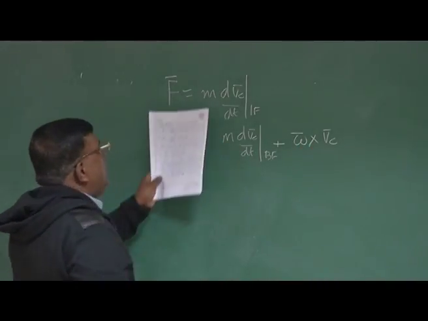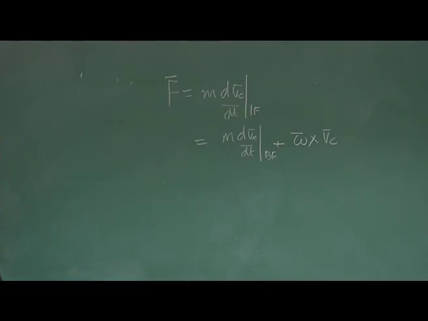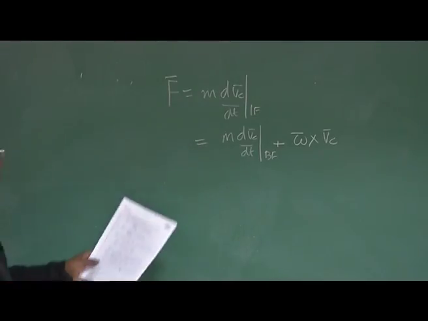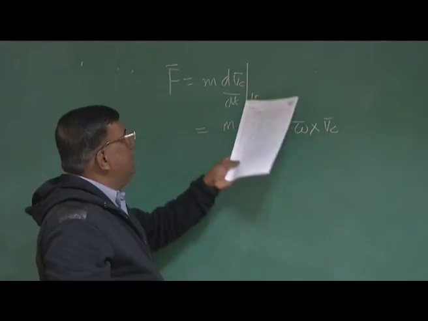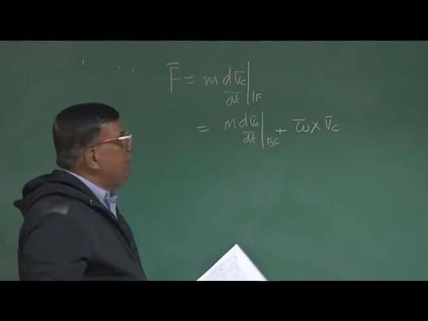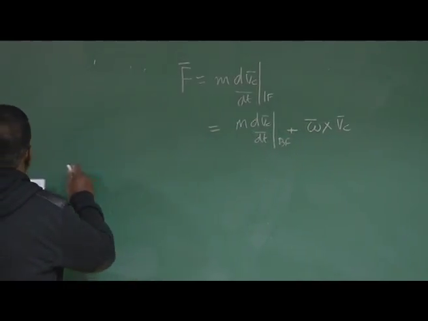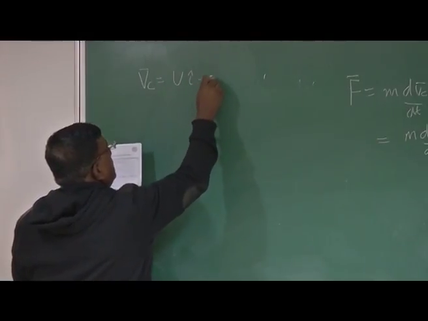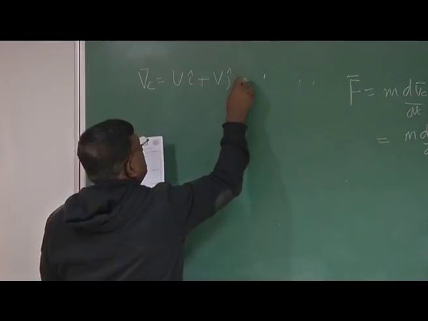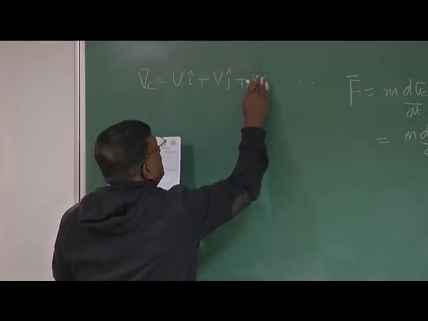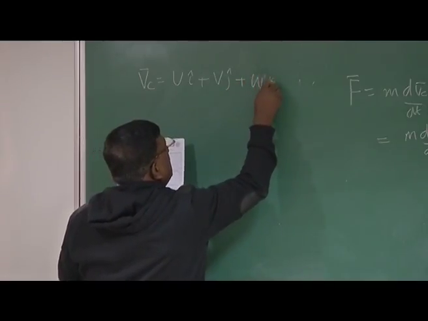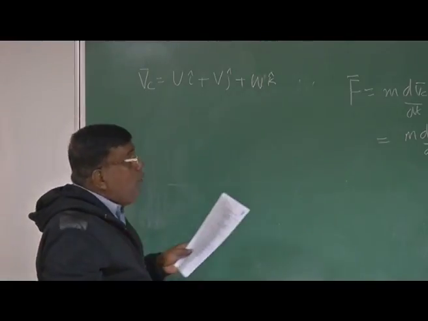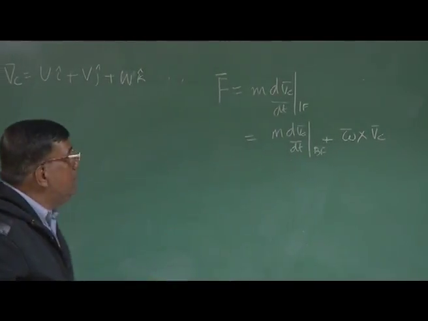So this is equivalent to working in the body frame. The inertial frame, we are now expert in this. What is Vc? Let's understand. u i in the body frame plus v j in the body frame and w k in the body frame. We are working in the body frame, please understand this.